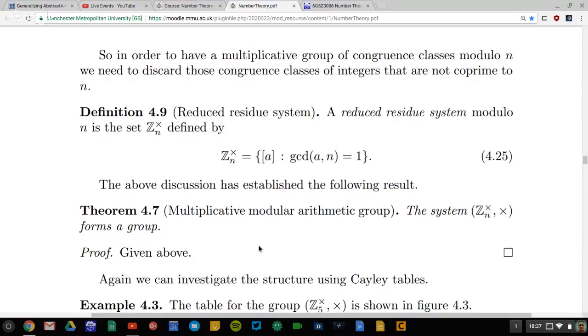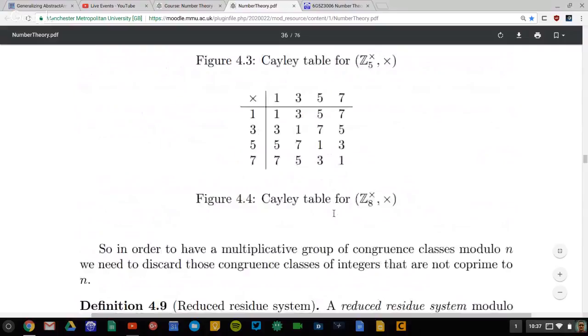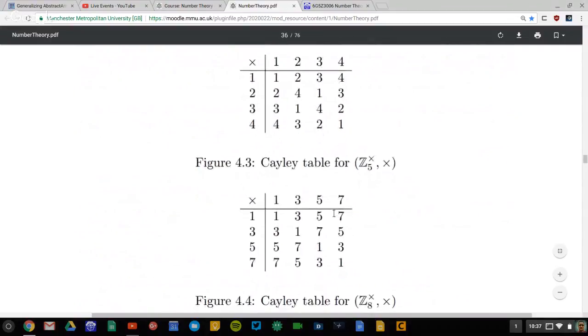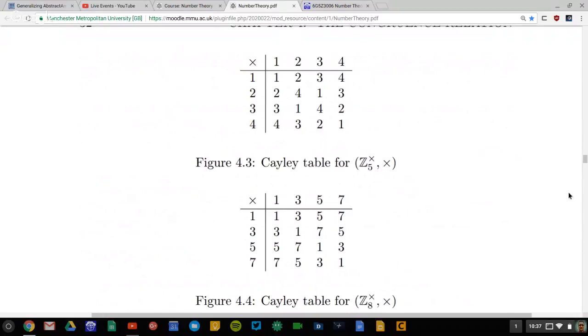If we look at the top of the page, of Z5 and Z8. So these are the multiplicative groups of integers under multiplication modulo 5 in the first instance and multiplication modulo 8 in the second system. You notice for 5, because 5 is a prime number, the only one of the standard residues that isn't co-prime to 5 is 0. 0 is divisible by 5, of course.